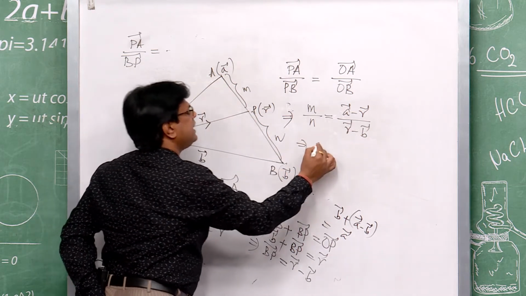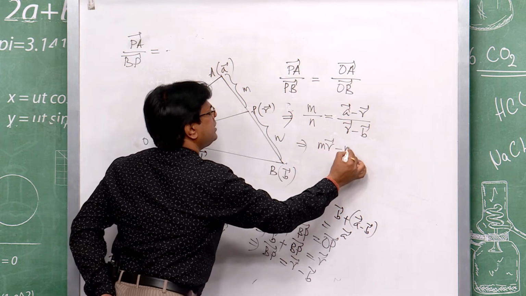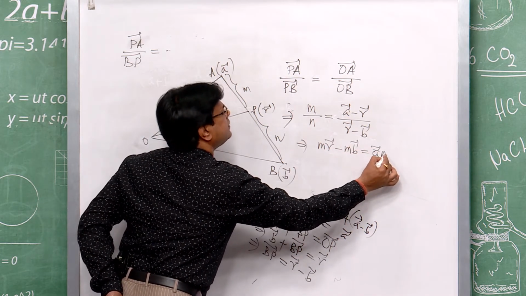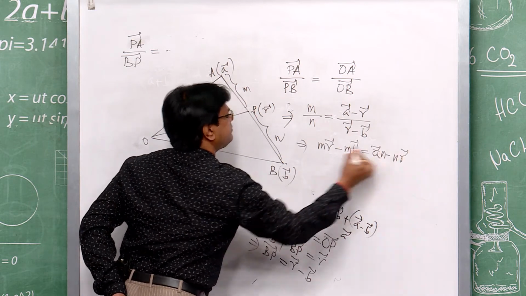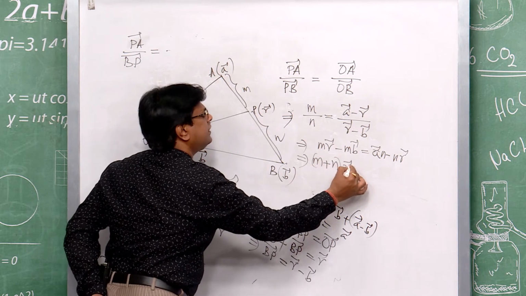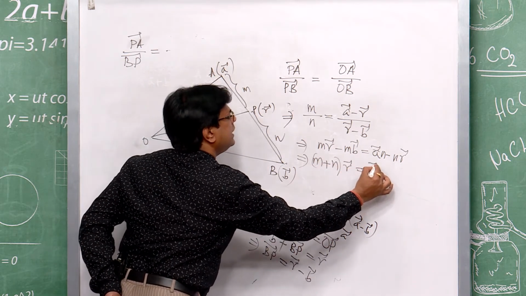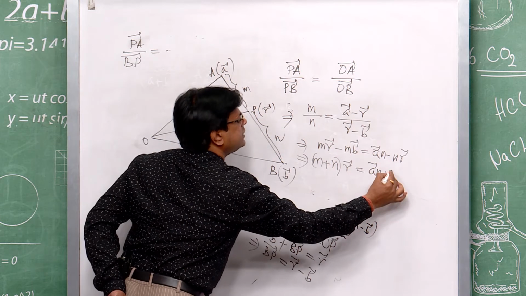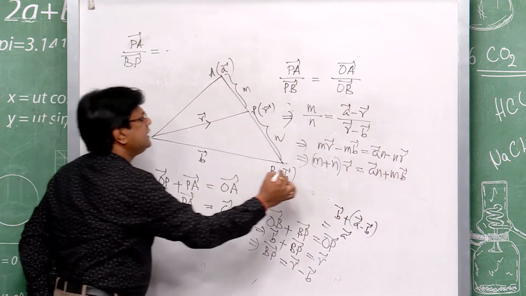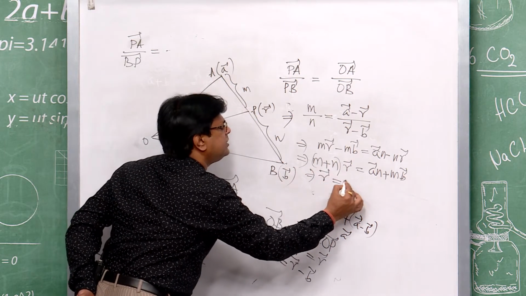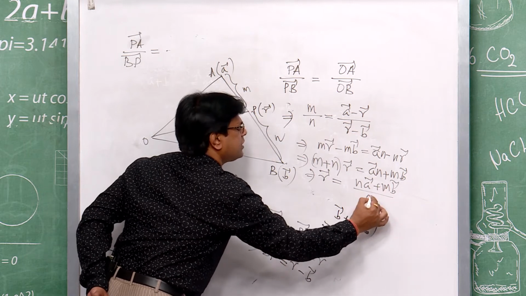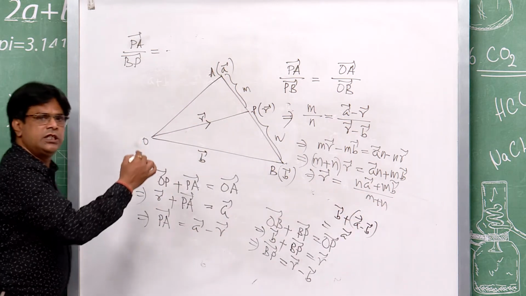So, this becomes m r minus m b is equal to a n minus n r, or m plus n whole into r is equal to n a plus m b. This becomes r vector is equal to n a plus m b by m plus n. So, this is your section formula.